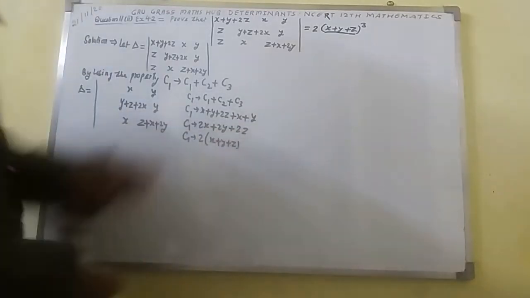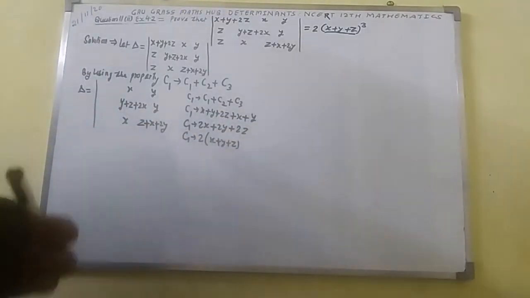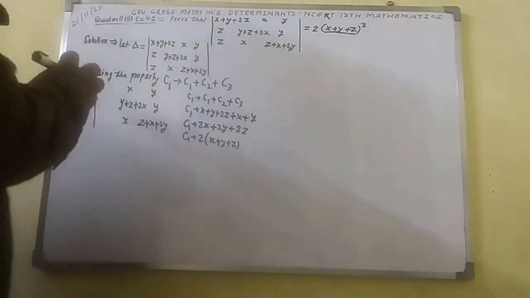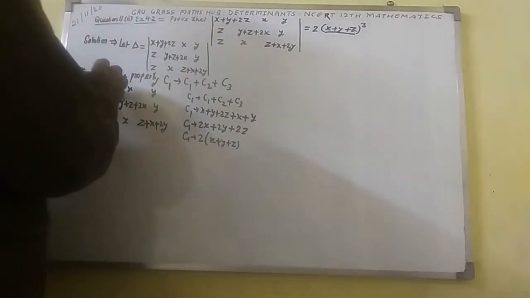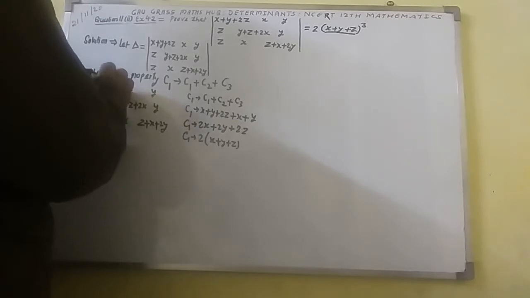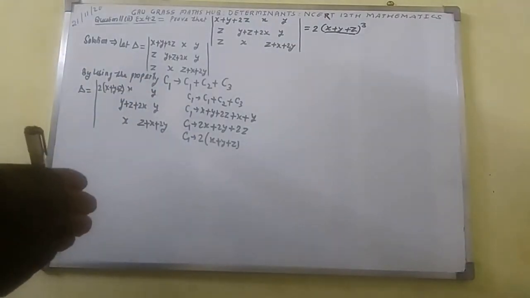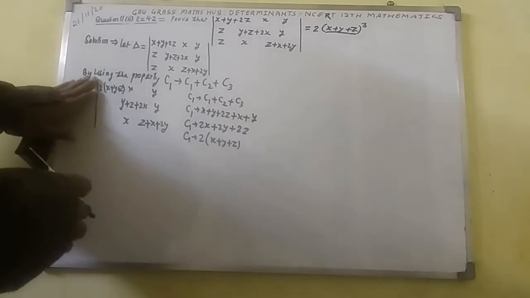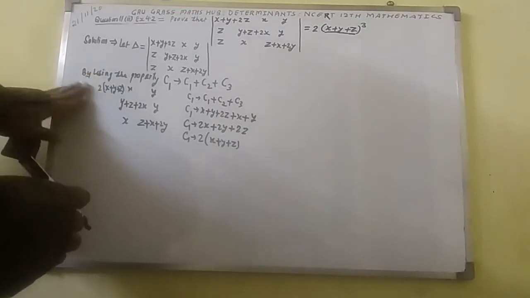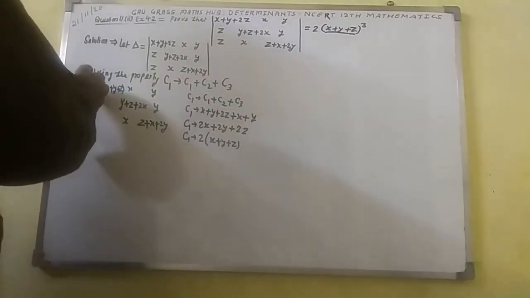You will get this element here, and at this place you will get 2 times x plus y plus z. Just I am creating some space.